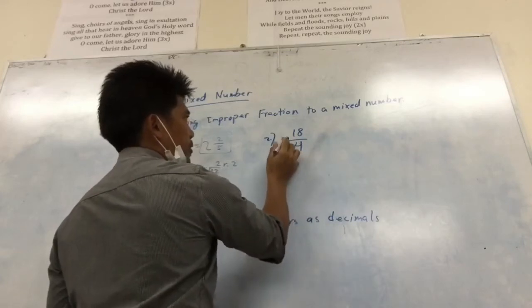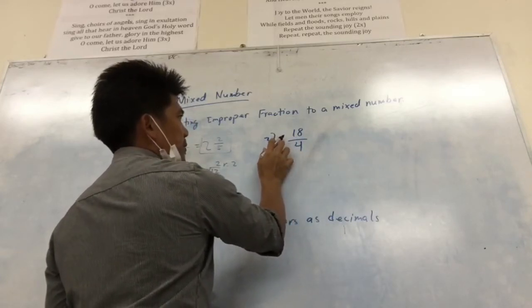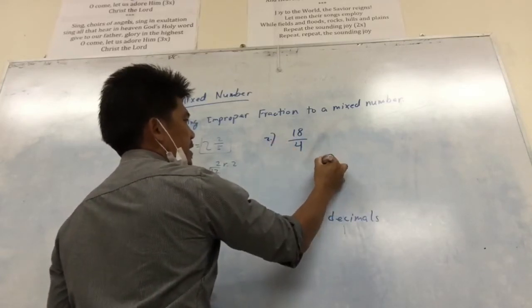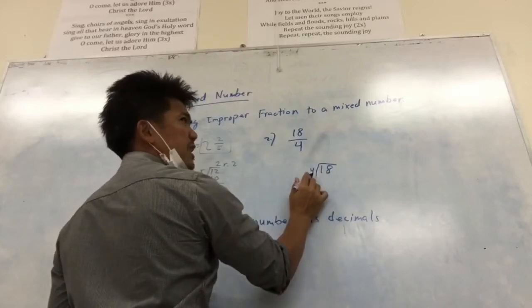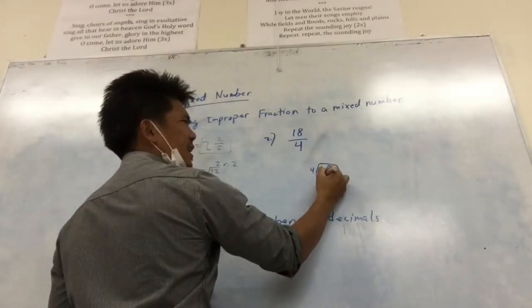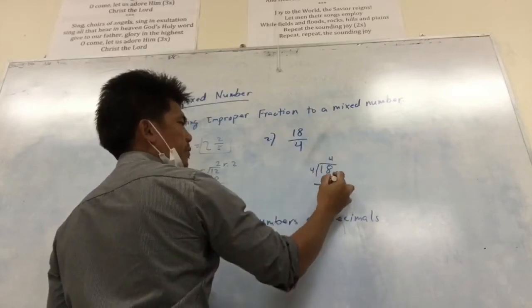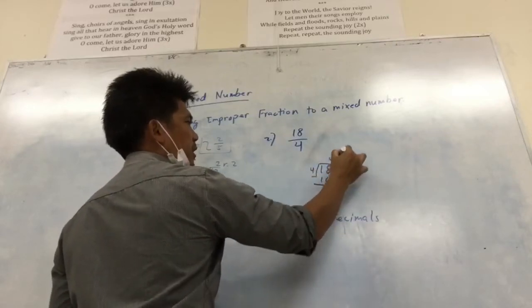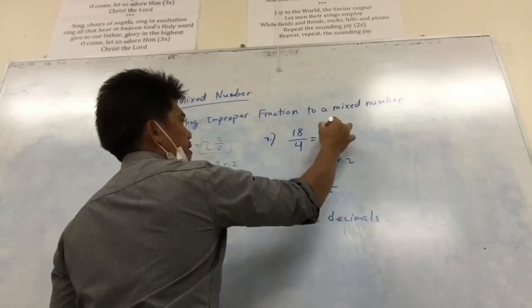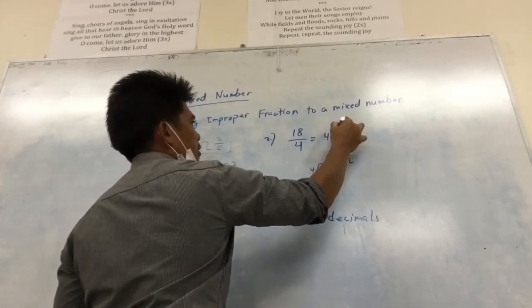How do you change this into a mixed number? Divide, right? 18 divided by 4, 4 times 4 is 16. Subtract, remainder 2. So the answer is 4 and 2/4.